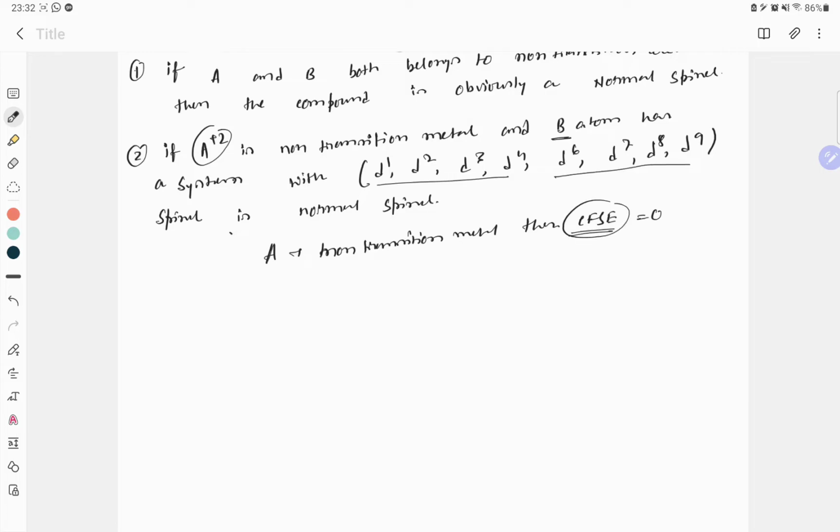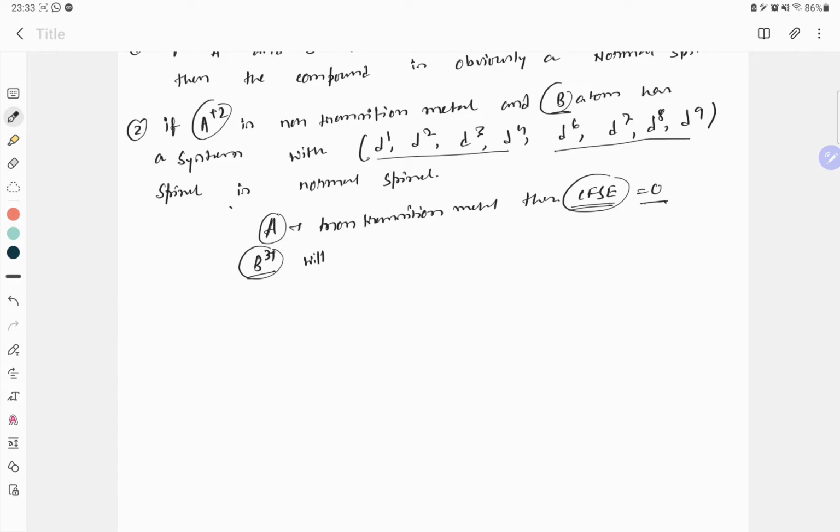For that we consider the CFSE to be 0. Now the B atom remains as B3+, and if it has these systems d1, d2, d3, d4, d6, d7, d8, d9, in these cases CFSE is not 0, it has some negative value. So it is more stabilized, and B3+ will try to occupy octahedral voids. For this reason we obviously get a normal spinel.